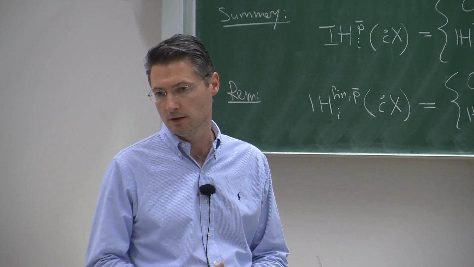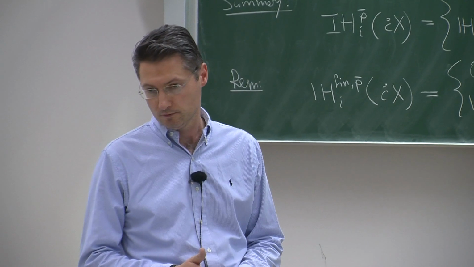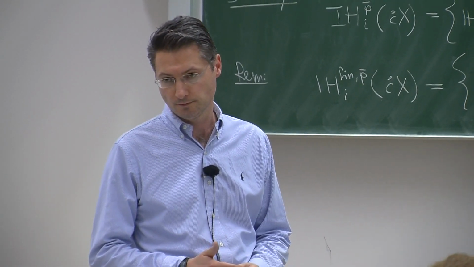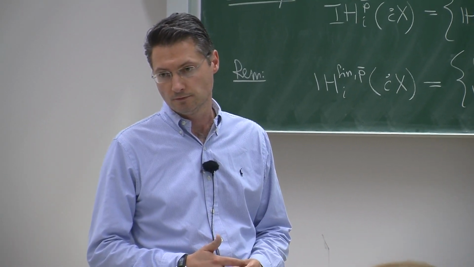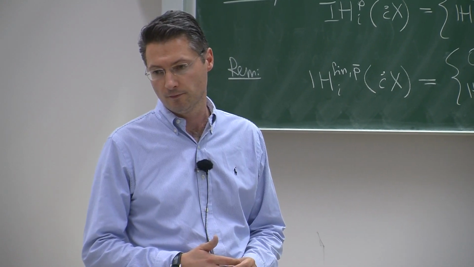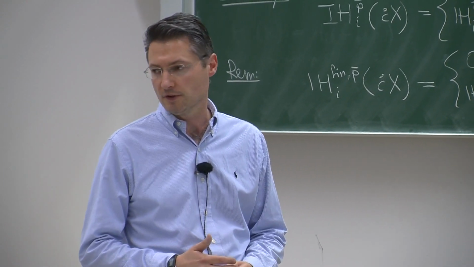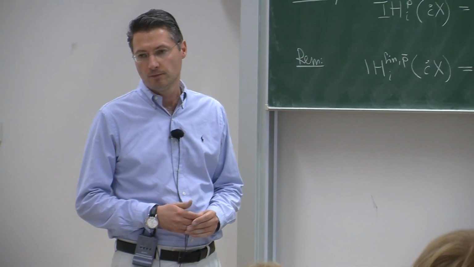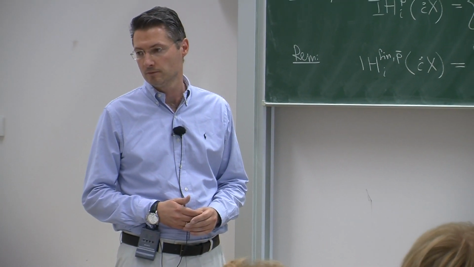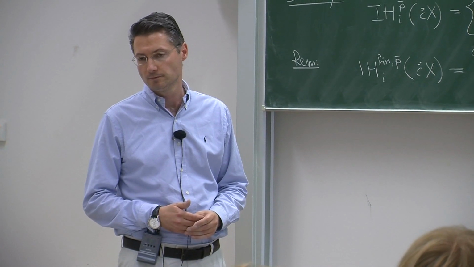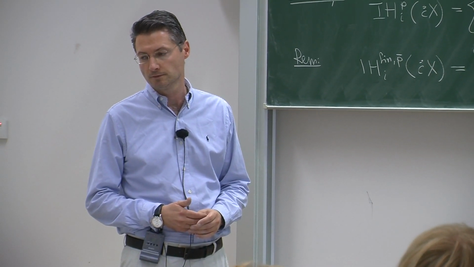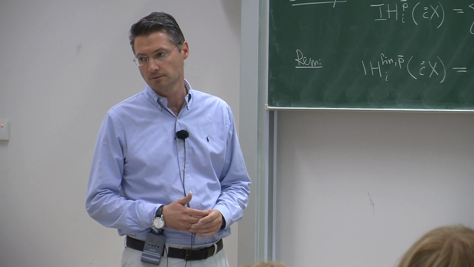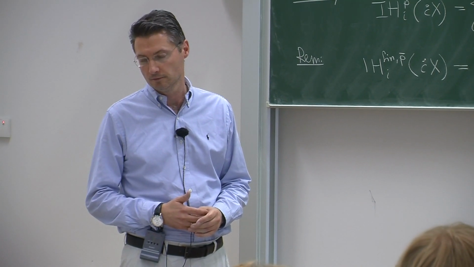Because now we use smooth forms that are L2, and usual L2 cohomology uses the closure in the L2 norm of smooth forms. No, it's supposed to be the same, yeah. You take the maximal closure of D, that's the difference. I will explain this tomorrow, I guess.